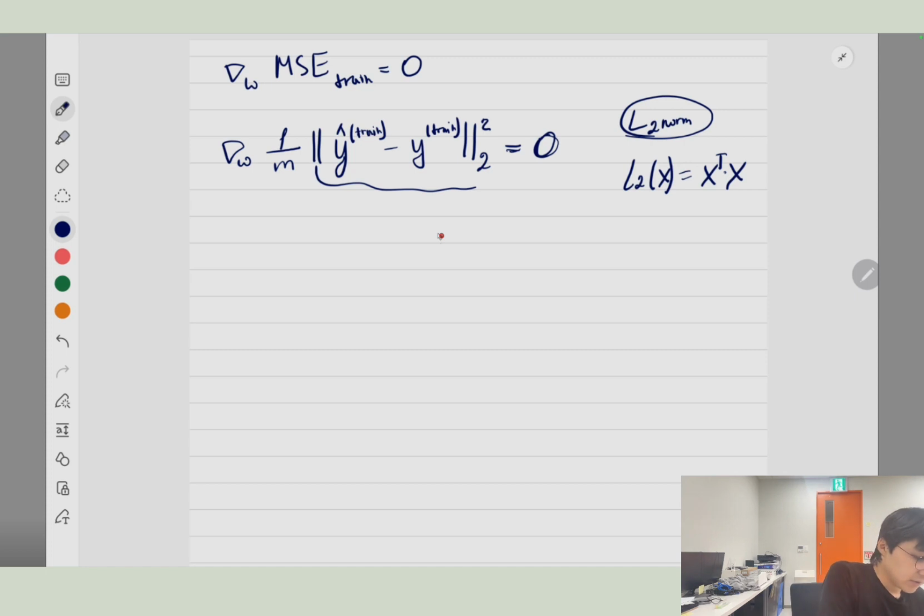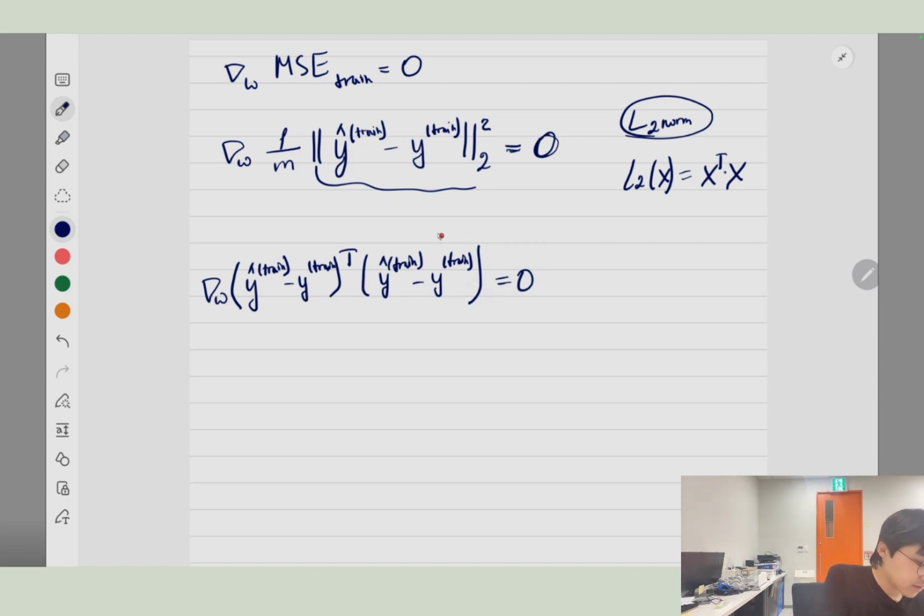So it will be the derivative of w equal to y train minus y hat, transpose, times y hat minus y train, and this will be equal to 0.